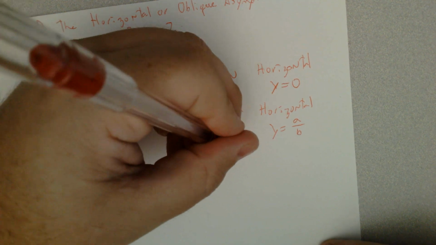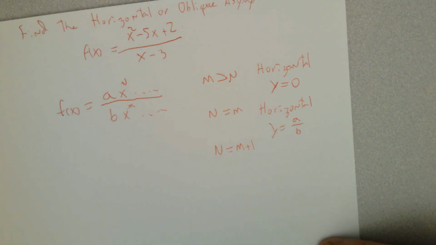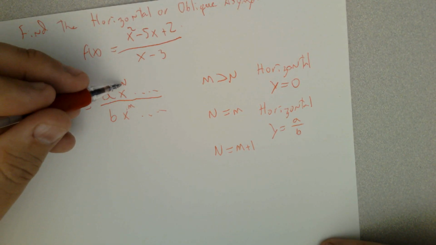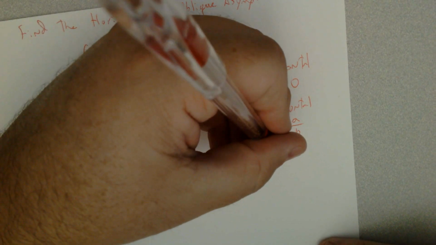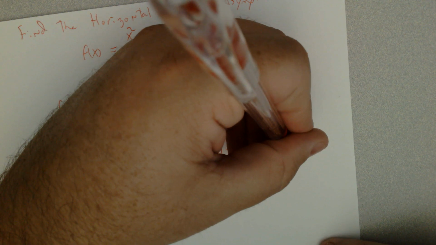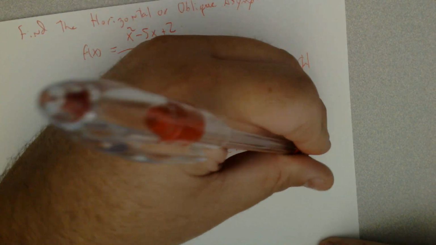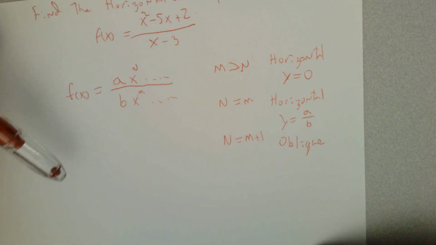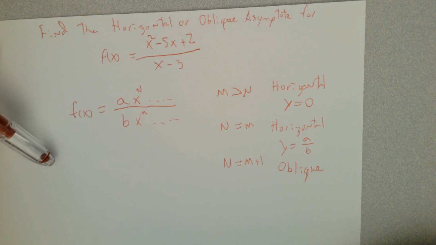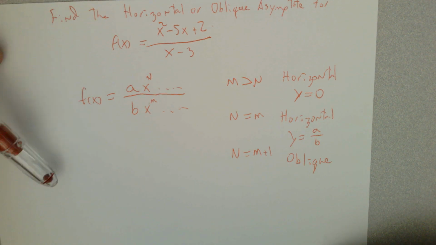And then in the third scenario, if n is exactly 1 higher than m, so the numerator is 1 higher than the denominator, and it has to be exactly 1 degree higher, then we have an oblique asymptote. If it's more than 1 degree higher, it won't be a linear asymptote. So generally, we don't get into those in this class.